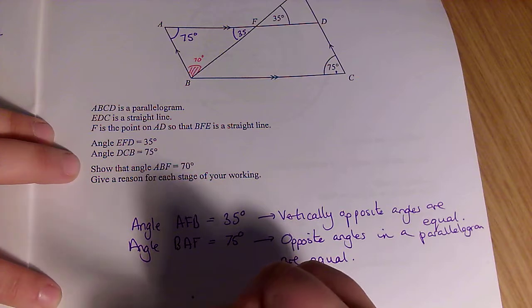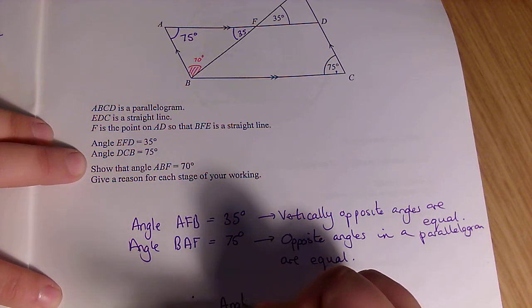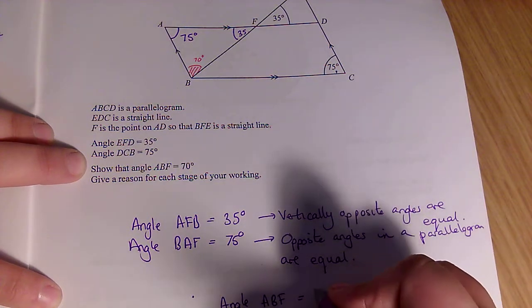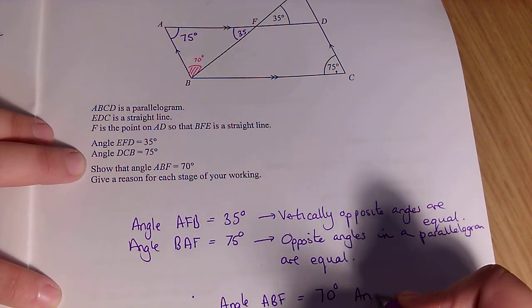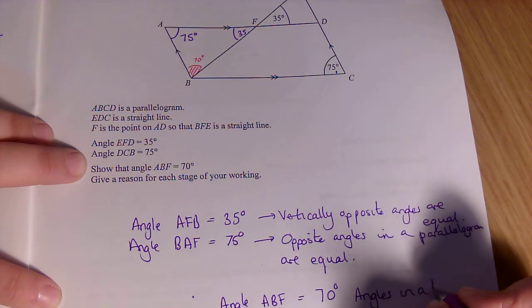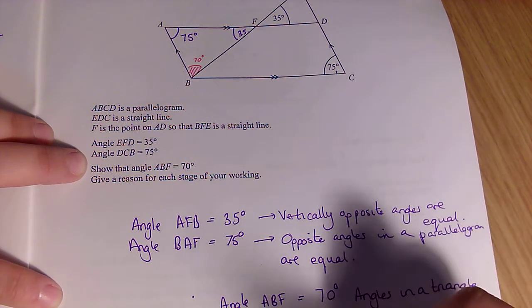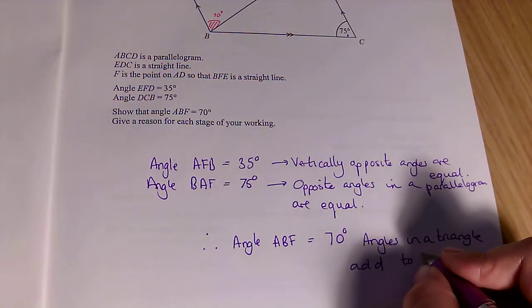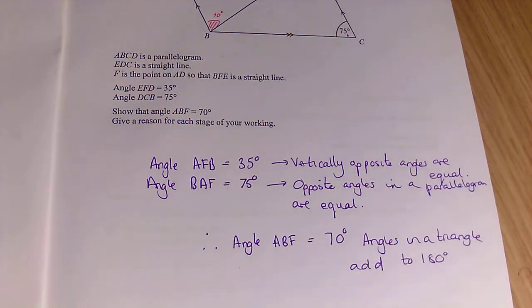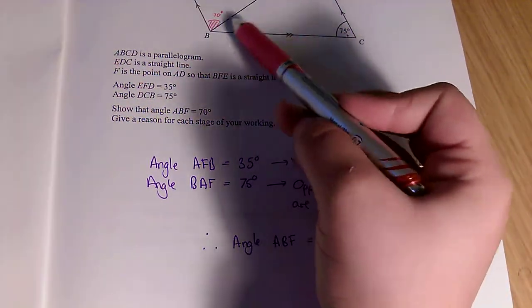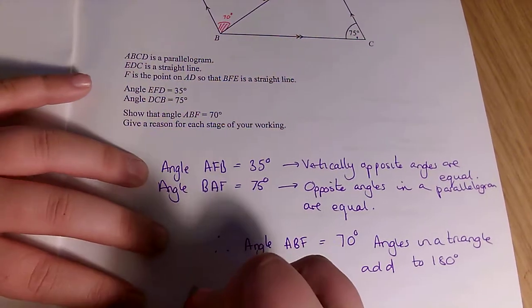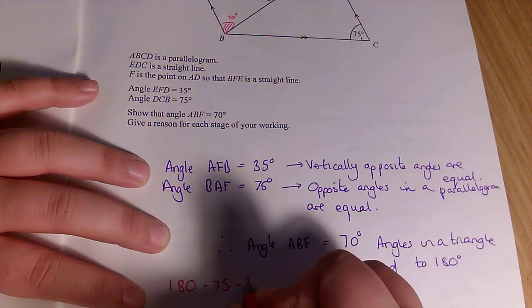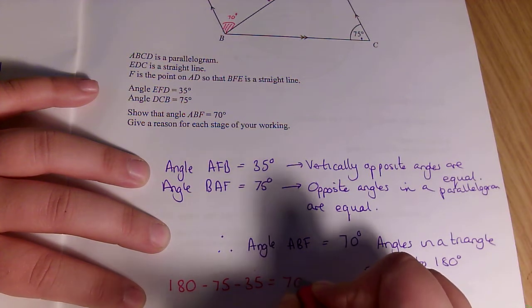I'm then going to say, therefore, angle ABF equals 70 degrees because angles in a triangle add to 180 degrees. And just to go along with that, I'm just going to put my workings out for this here. So I'm just going to write 180 take away 75 take away 35 equals 70 degrees.